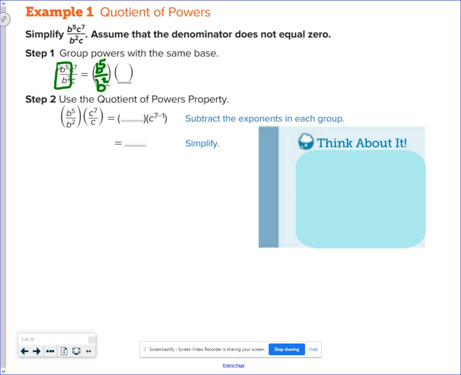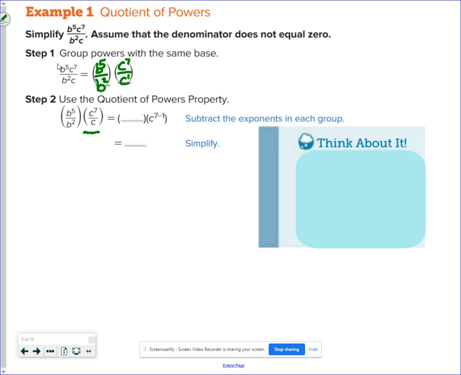And then for my c's, I would have c to the 7th over c. Or you can always put that 1 in there, right? Now you can see in step 2, that's already there for you, but that's just how we simplify that. Or I should say split it up. And they did the second part.